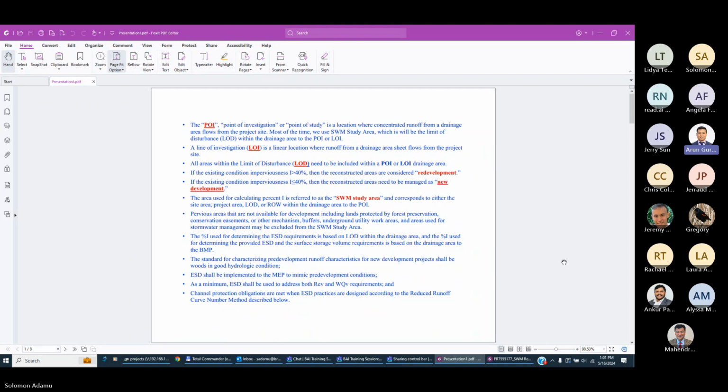Otherwise, this is more technical, so it might not have been very interesting for you. But this is something we do on a daily basis when working on any project. So from a highway perspective, if there's anything you would like us to focus on, we can certainly accommodate that.